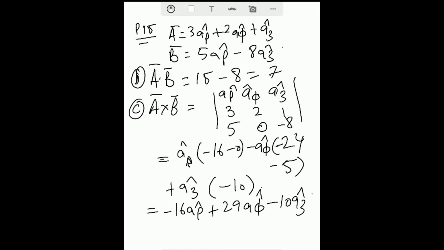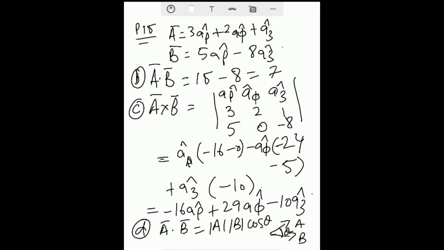And this part D, I need to find the angle. As we know, we can find the angle from either the dot product or the cross product. If the two vectors are like that and this angle is theta, then the dot product is equal to the magnitude of A multiplied by the magnitude of B multiplied by cosine theta.